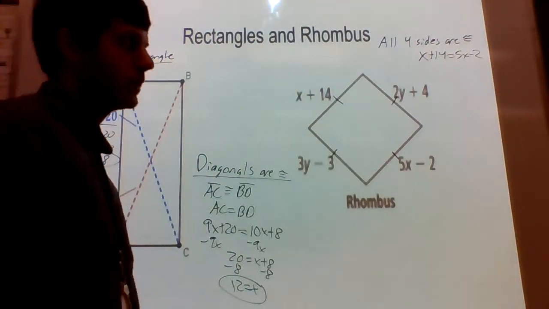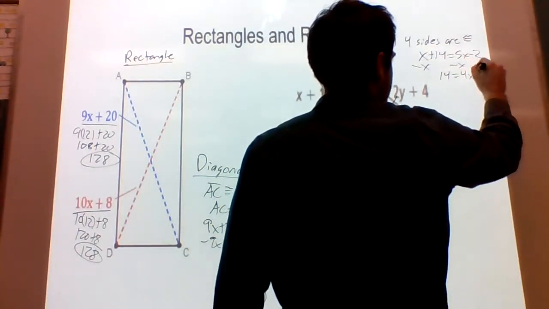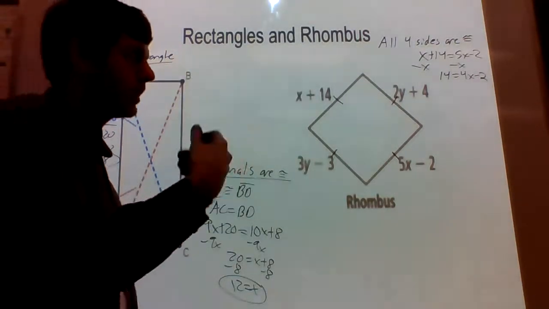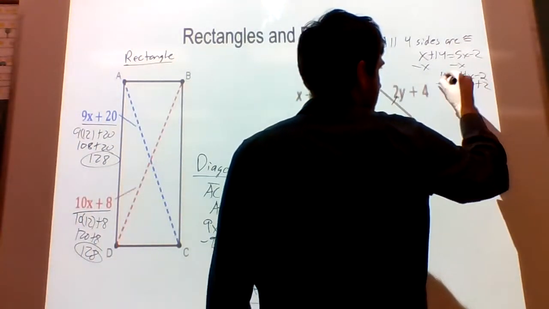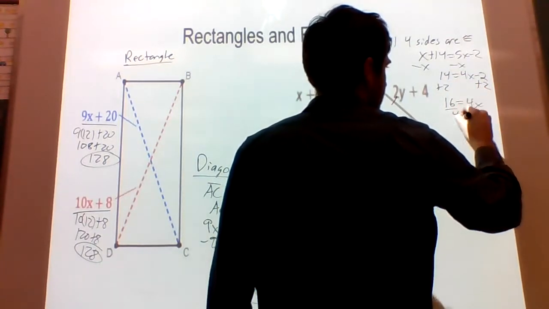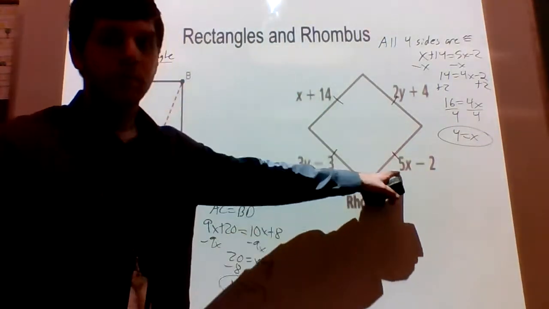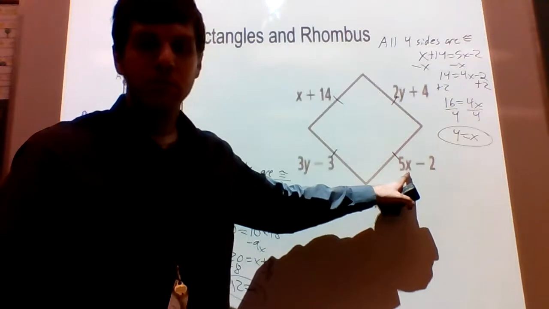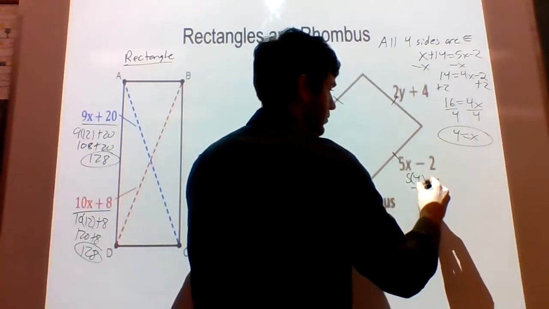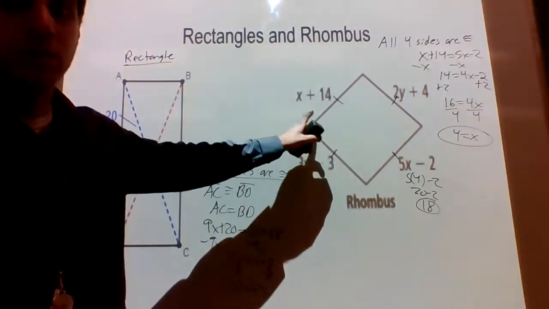Subtract x from both sides. 14 equals 4x minus 2. Add 2 to both sides and then divide by 4. 16 equals 4x. Divide by 4. X equals 4. If we substitute it back in, 5 times 4 is 20, minus 2 is 18. So all the other sides should also be 18.